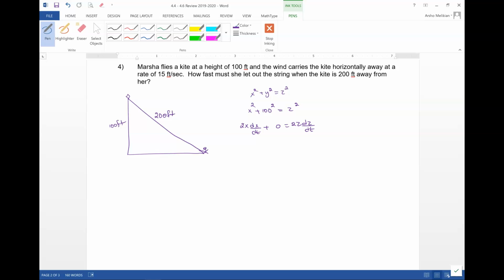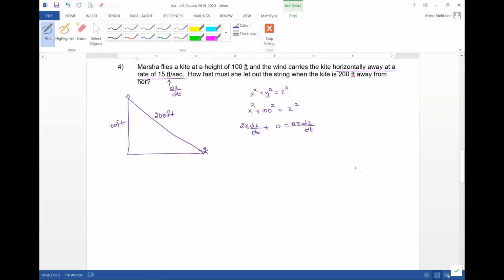So what's dx/dt? The wind carries the kite horizontally away at a rate of 15 feet per second. So that's dx/dt.